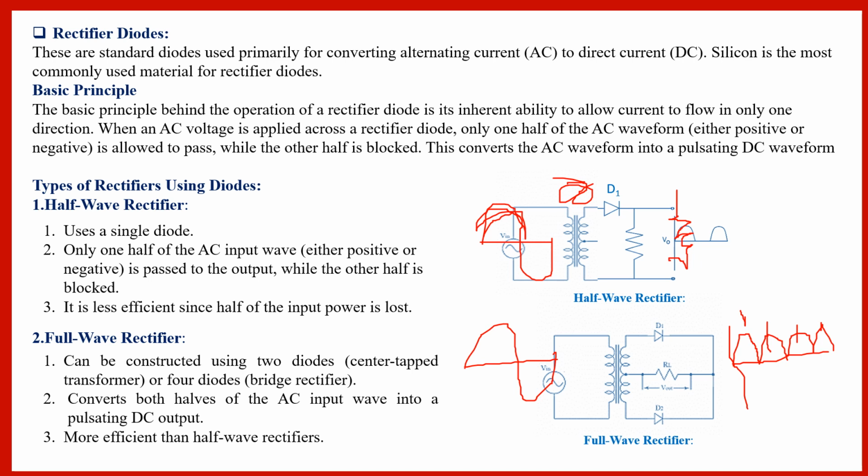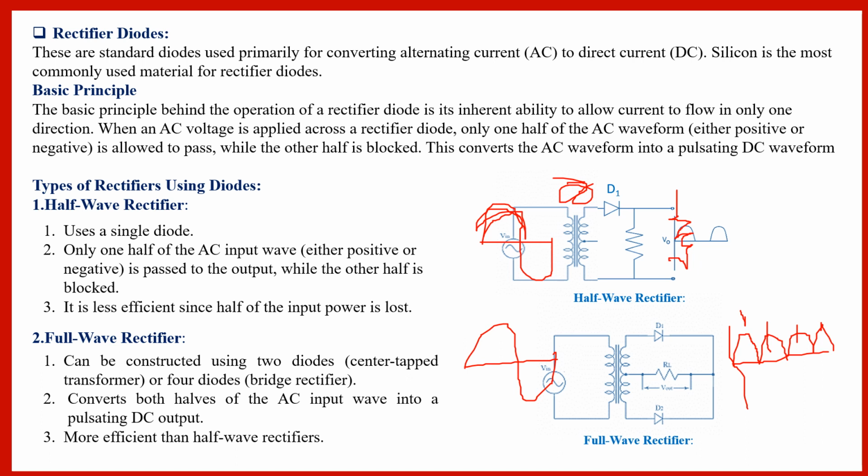So we have to use filters to get stable current conduction. And the AC supply delivers power only half the time, therefore the output is low in the case of the half wave rectifier.